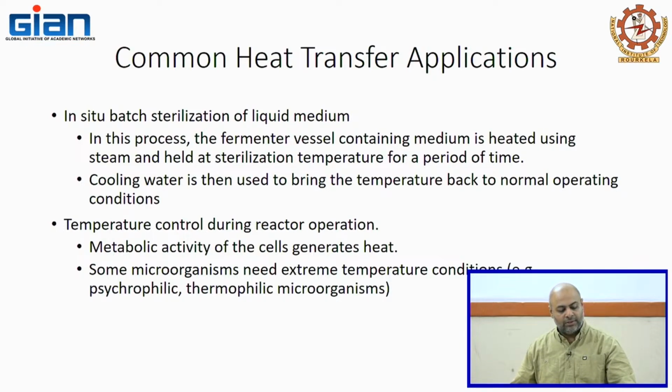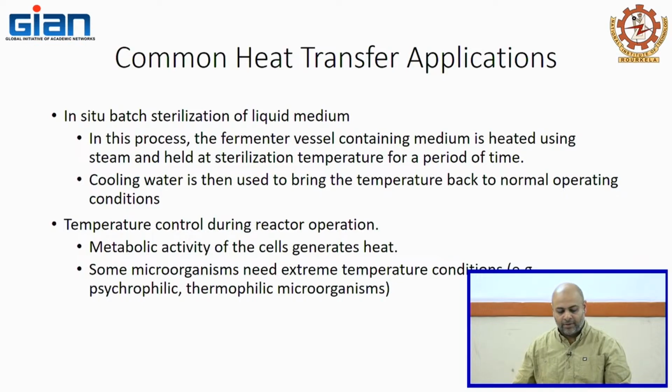Cooling water is then used to bring the temperature back to normal operating conditions. So, you use the steam to heat up to the sterilization temperature, you bring it back to an optimum temperature appropriate for your cells to grow. That is when you add your seed culture and let it ferment.